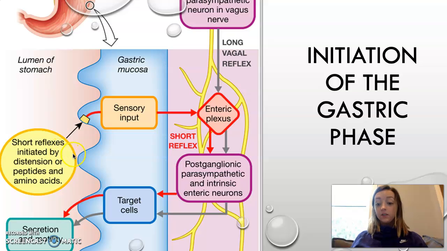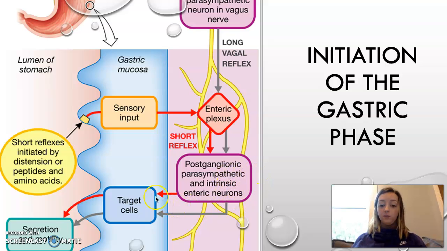So it is important to note that it is the parasympathetic neurons that we're talking about in the phases of digestion. This is because when the parasympathetic system is active in the body, that is when the digestive system has the most blood flow, and the blood flow to the skeletal muscles and other tissues that aren't working as hard is where all this more blood is going.